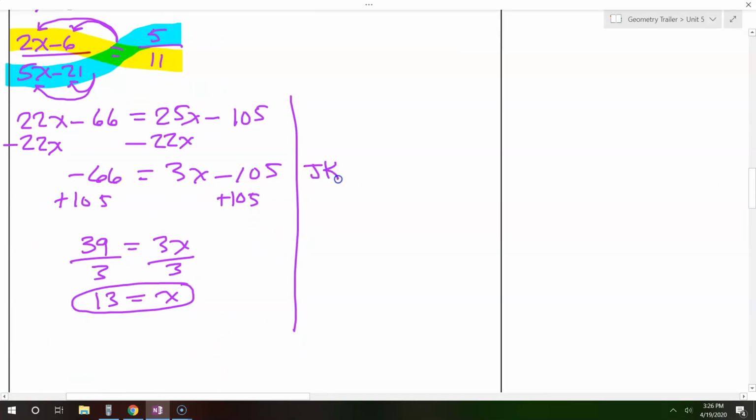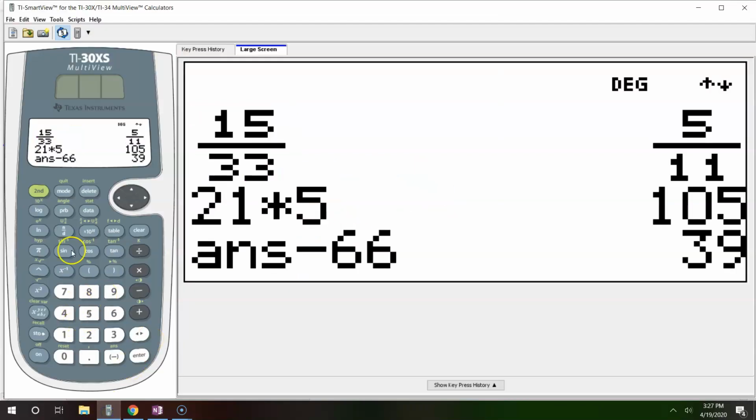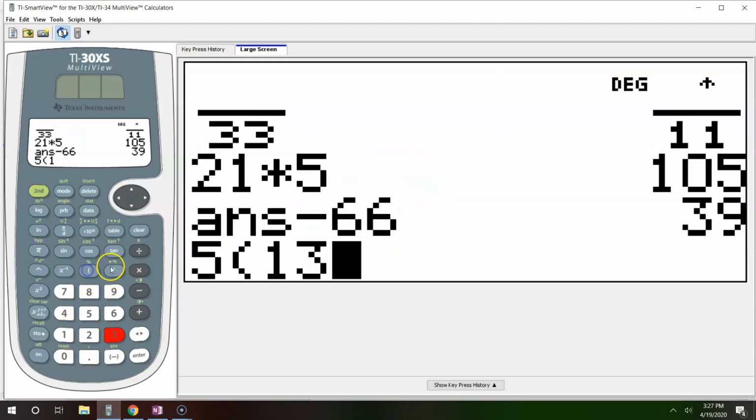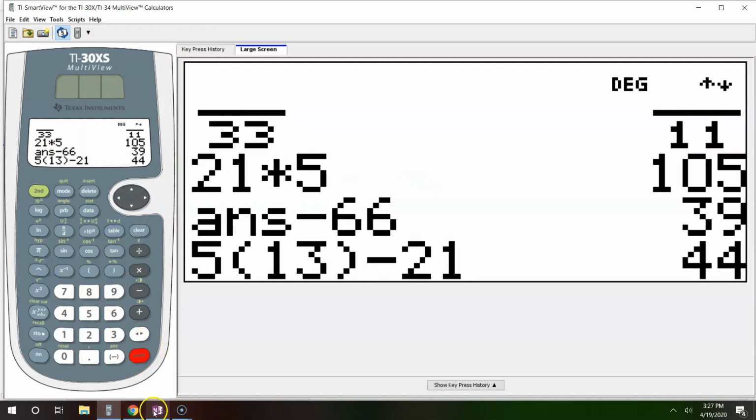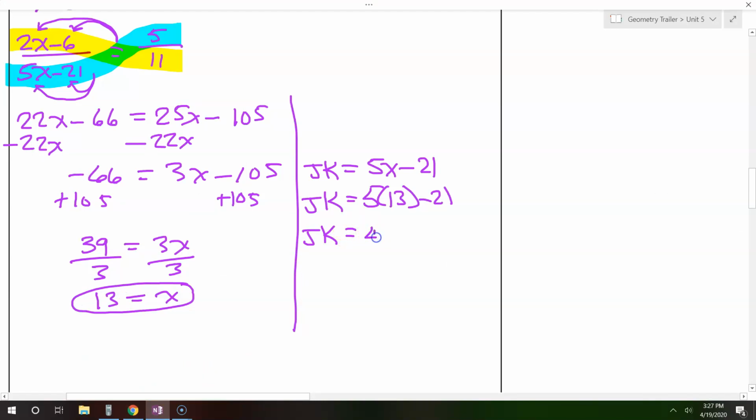So JK is equal to 5x minus 21, which means that JK is equal to 5 times 13 minus 21. $44. So JK is 44. And that is the final answer.